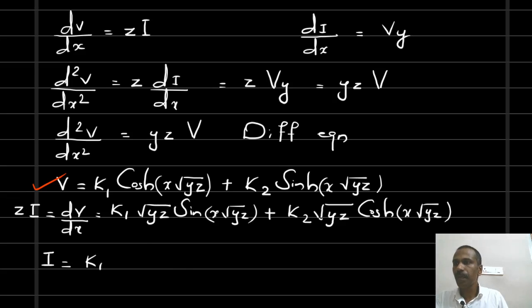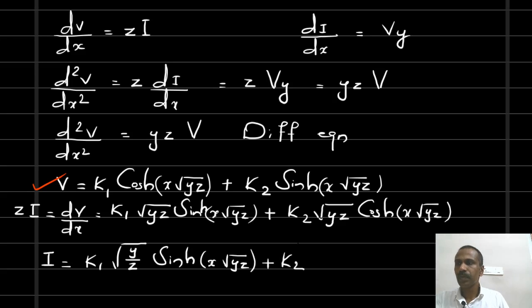It is k1 into root of y by z, one z will be getting cancelled, into sinh(x into root of yz), plus k2 into, again when this z comes within the root, it becomes 1 by z square, y by z into cosh(x into root of yz).